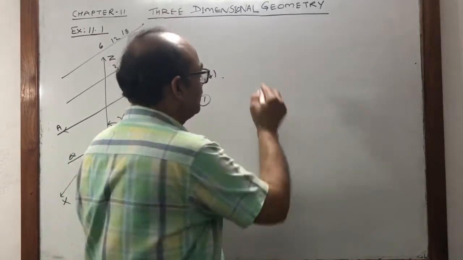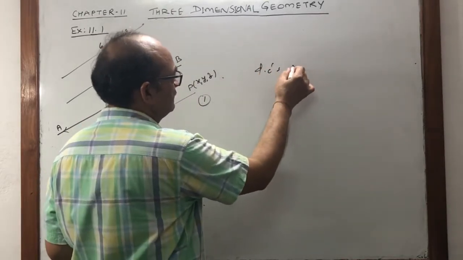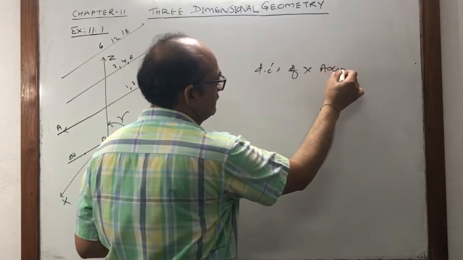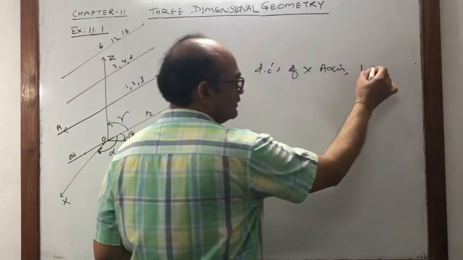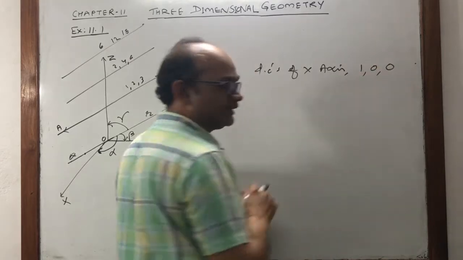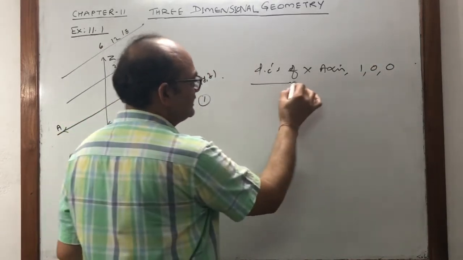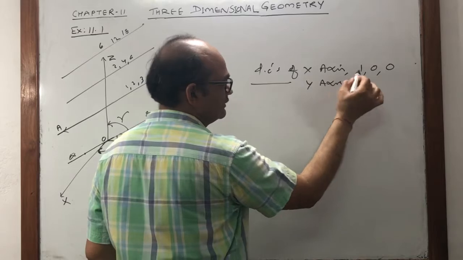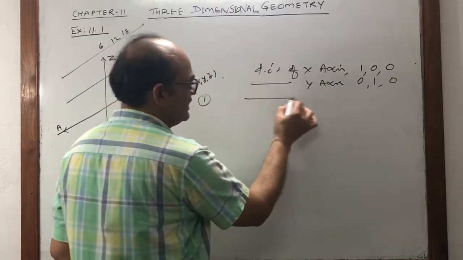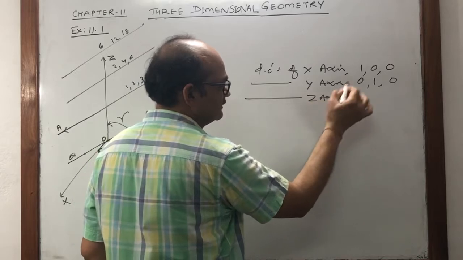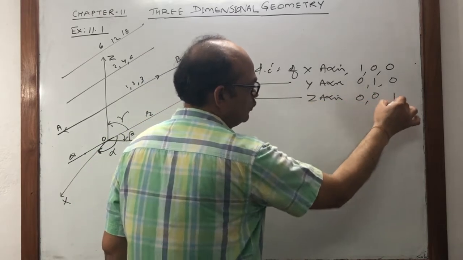So DCs of x-axis: cos 0, 1, cos 90, cos 90, that is 1, 0, 0. Similarly, DCs of y-axis: 0, 1, 0 and DCs of z-axis: 0, 0, 1.